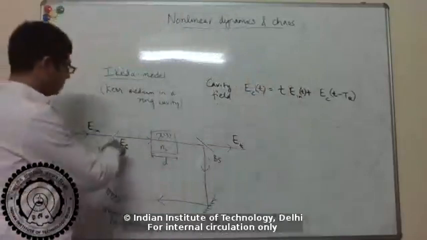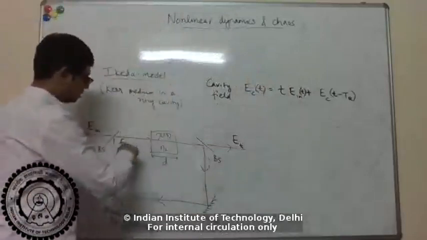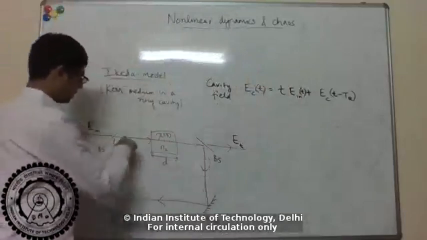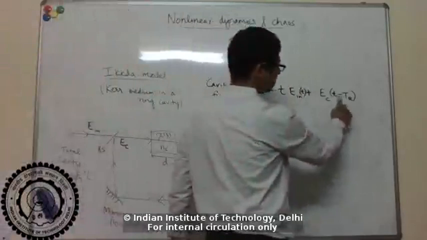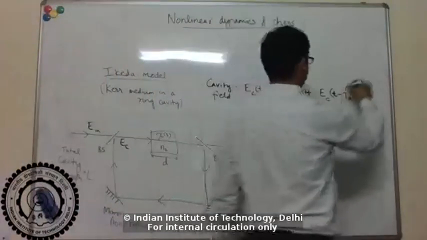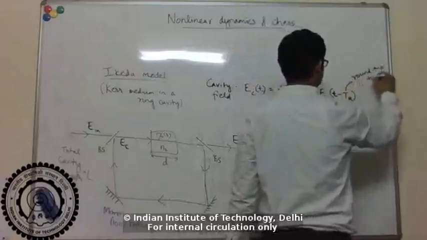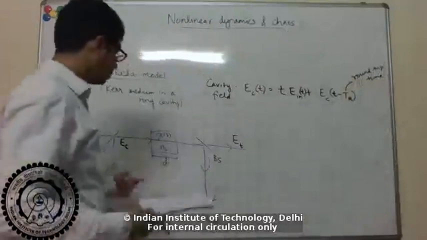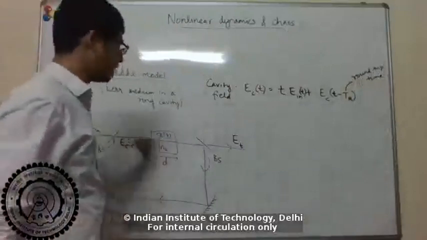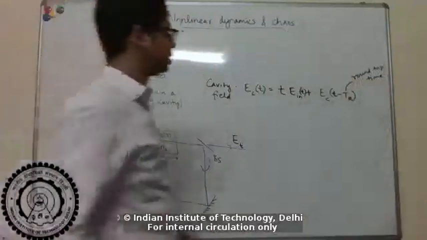And the field which was there one round trip ago went through this path and came back. So TR is the round trip time, which is just the total length of the cavity divided by the speed of light, taking into account the speed in the medium, etc.